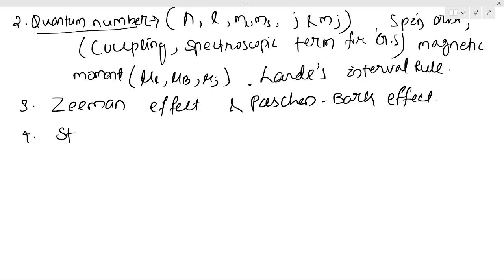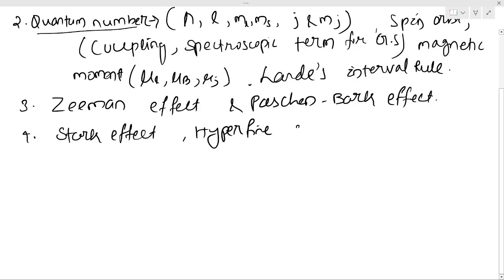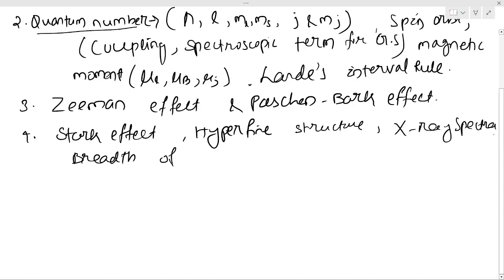Then we have Stark effect, hyperfine structure. Then we have X-ray spectra and breadth of spectral line.